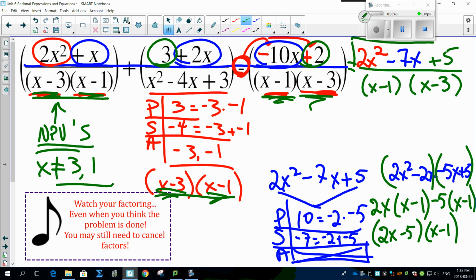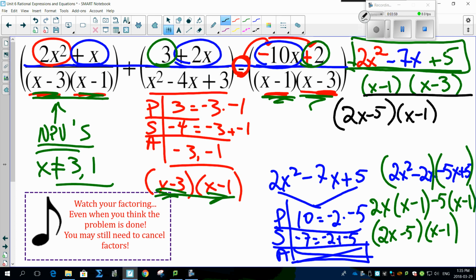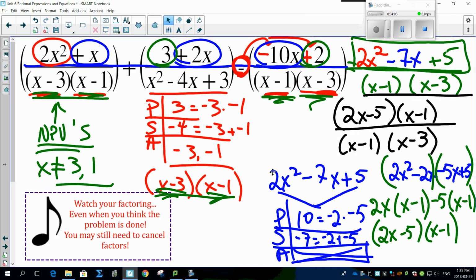Check this out. This numerator now becomes 2x minus 5, which you just figured out, and an x minus 1, over the denominator that we had, x minus 1, x minus 3, and lo and behold, look at that. The x minus 1s cancel out.